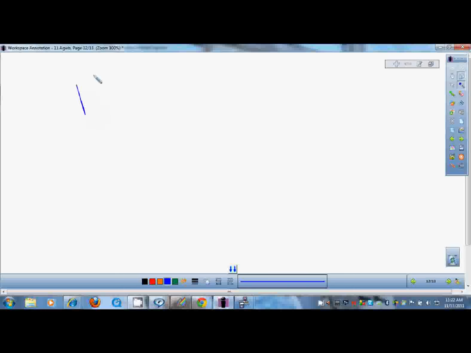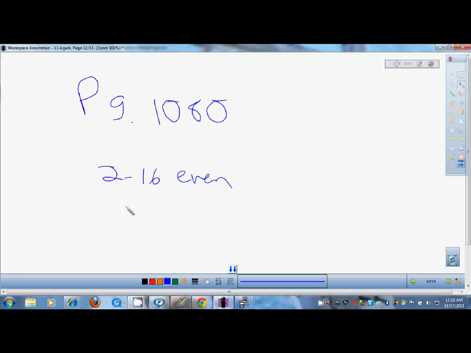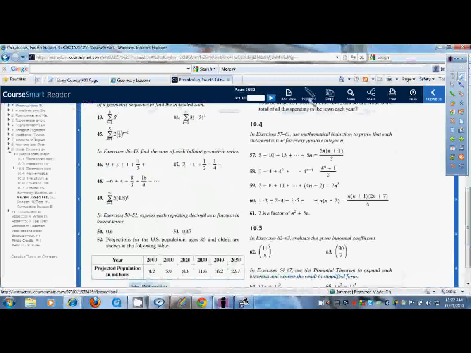It'll be page 1080, 2 through 12 even, and then 16 through 20 even. That is it. This is a long lesson.